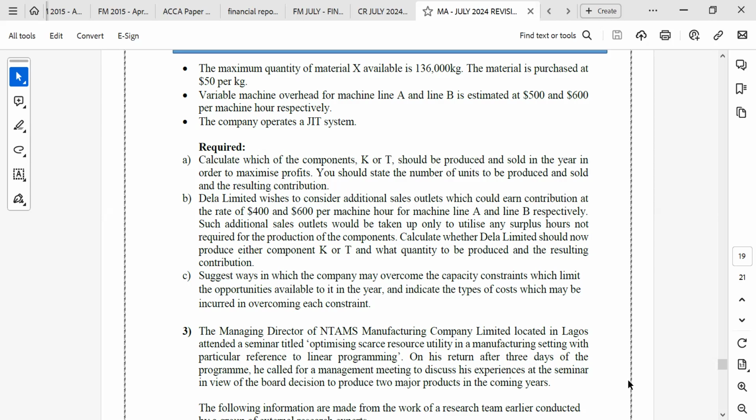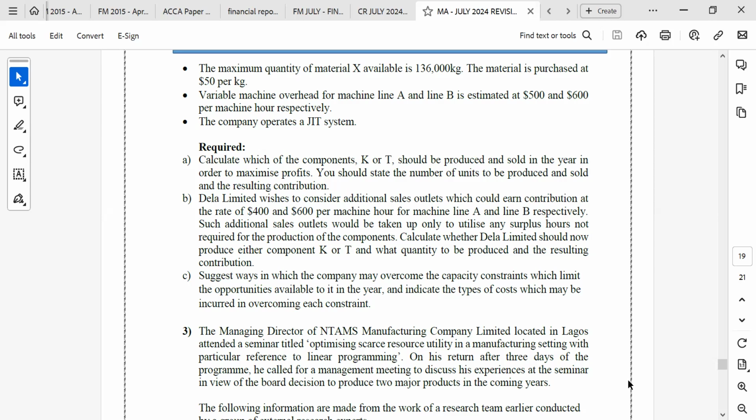Maybe the person who is supplying this to us can only supply 136,000 kilograms at a certain price, then we have to get additional at a higher price. That is what we have to do. It is not that the materials are not available. They are available, but the price will be different. One will be selling at a higher price, and we don't want that. So we want to stick to what we have and utilize it.